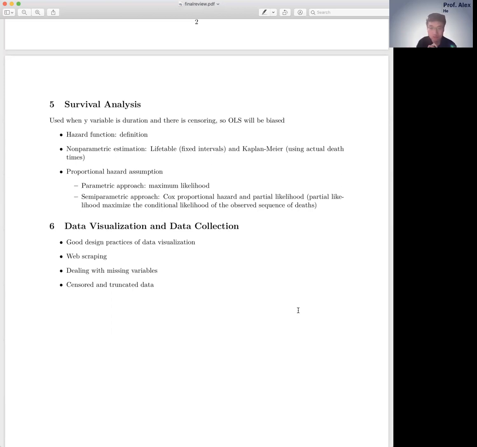So we can just take the ratio and maximize the partial likelihood. So here, of course, you would also need to know how to estimate these models. And after we estimate these models, how do we interpret these results? And how do we generate our prediction and evaluate that prediction, okay?